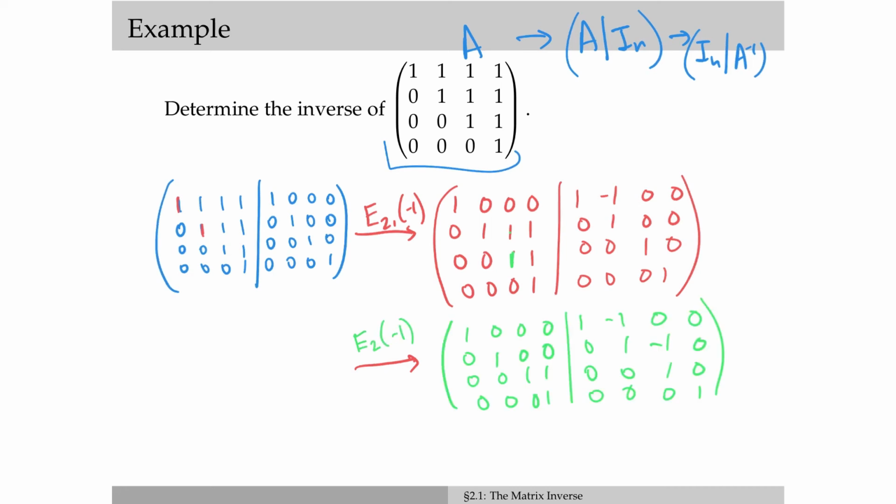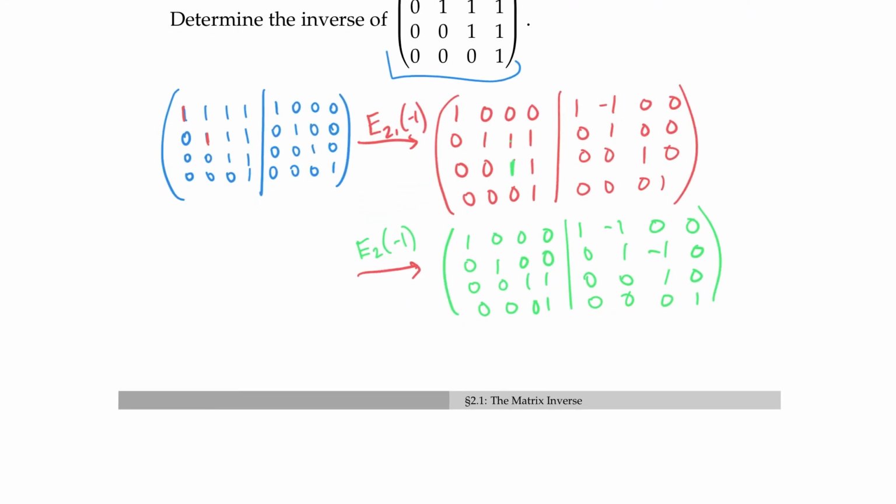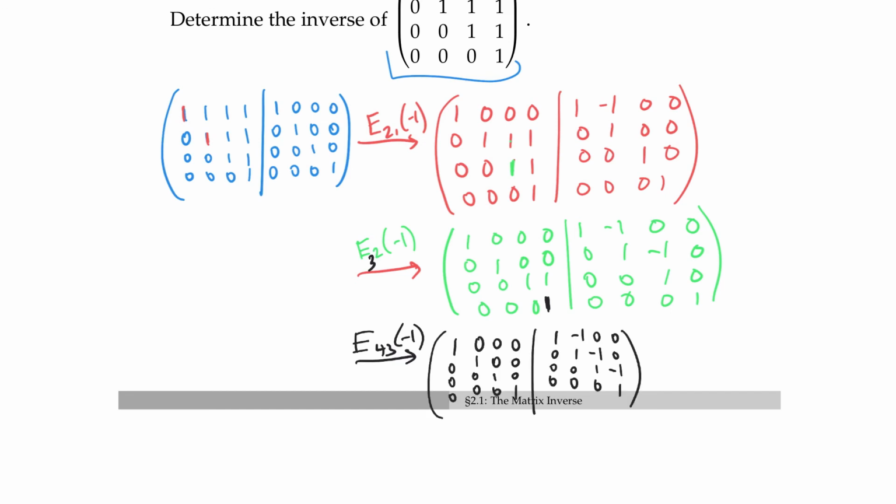All right, the next one is using this entry to eliminate the 1 above it. Oh, I wrote a 2 here. I meant E32. All right, I want E43 of -1. All right, and that's the end result.